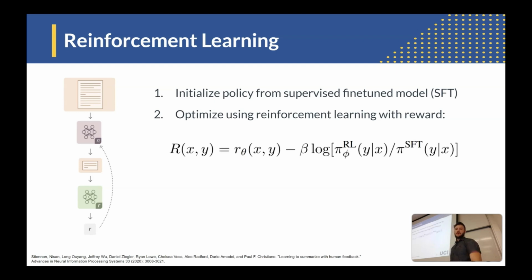But here's our reward, and there's something extra happening here. The R theta is our reward function. X and Y are our input-output, and so our rollout is Y, and we're going to label that with our reward function theta. Over here, though, we have this additional term, which is a KL penalty that's trying to keep our current policy close to our initial policy.